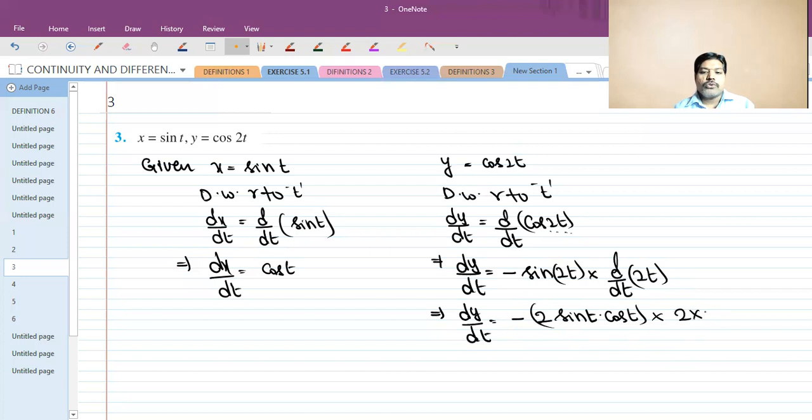So it will become 2 into 1. Why? Because derivative of t with respect to t, like derivative of x with respect to x, is 1. So here 2t derivative is 2 into 1. So dy by dt is equal to 2 into 2, that is 4, minus 4 sine t into cos t.